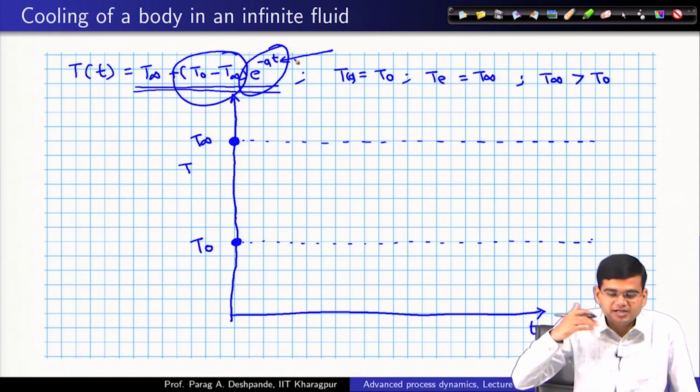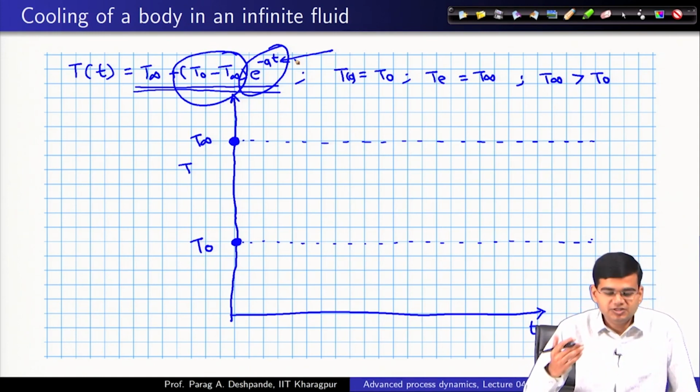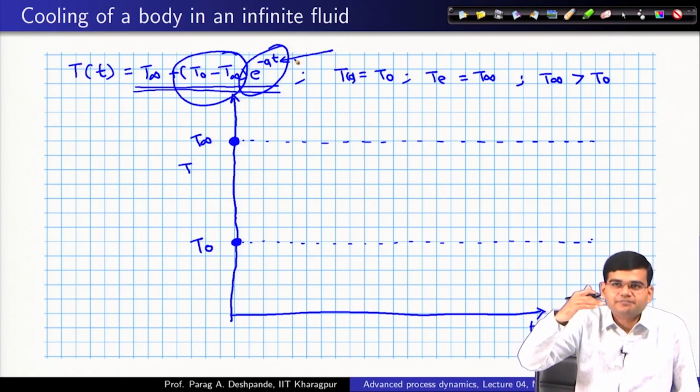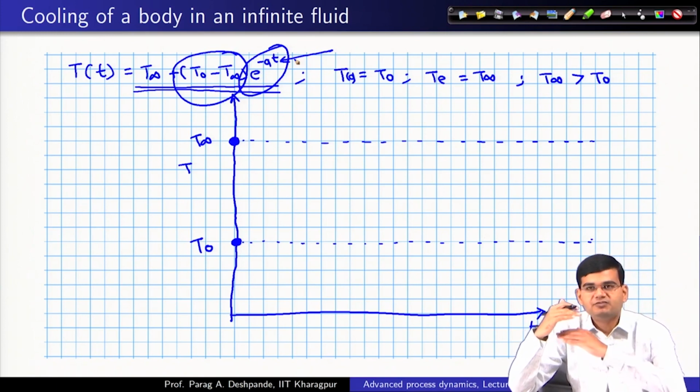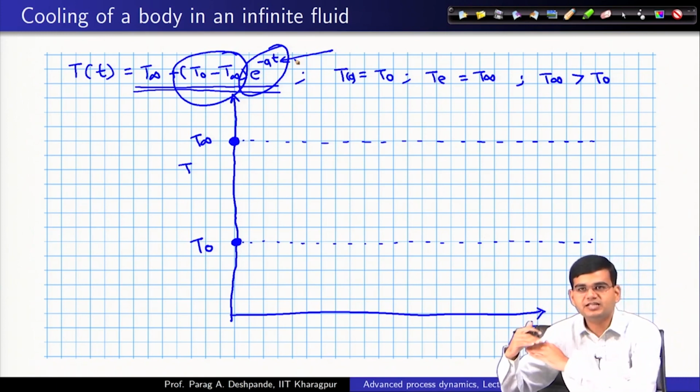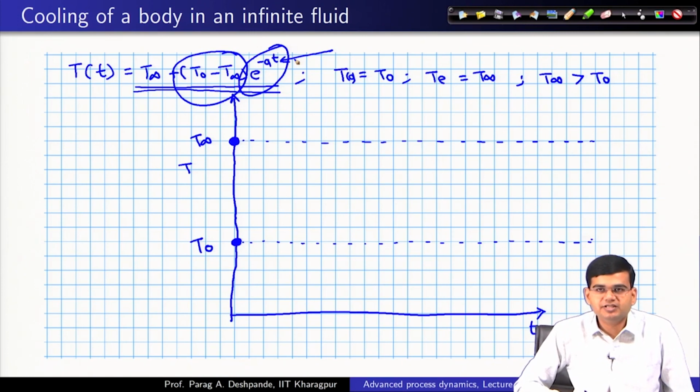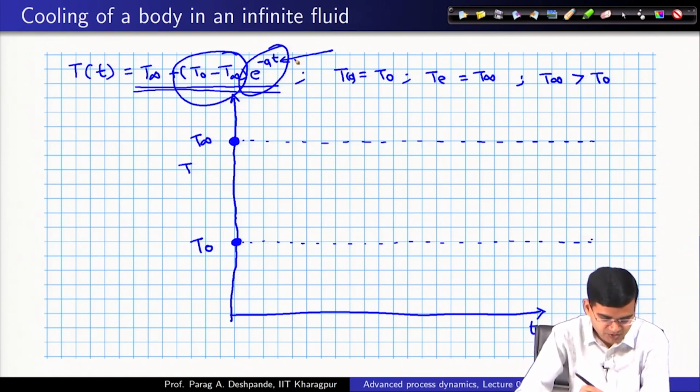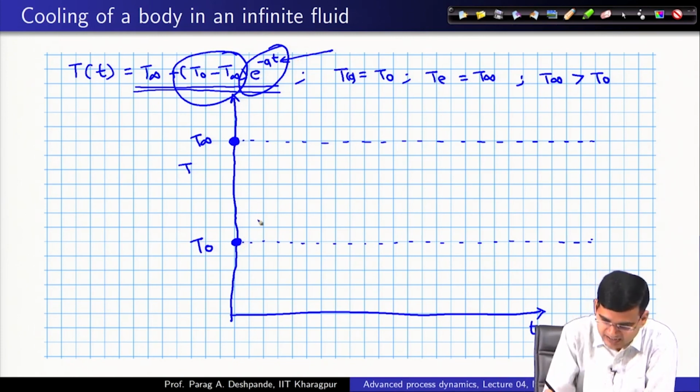Well, you can understand the equation in other terms. You start with T infinity and then you keep on adding the difference, but the difference itself keeps on reducing exponentially with time.